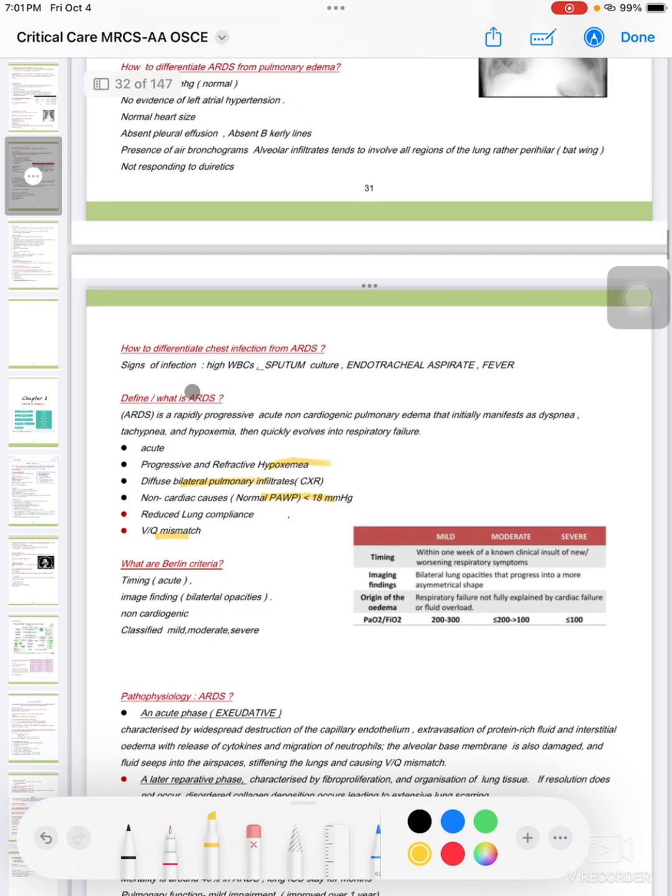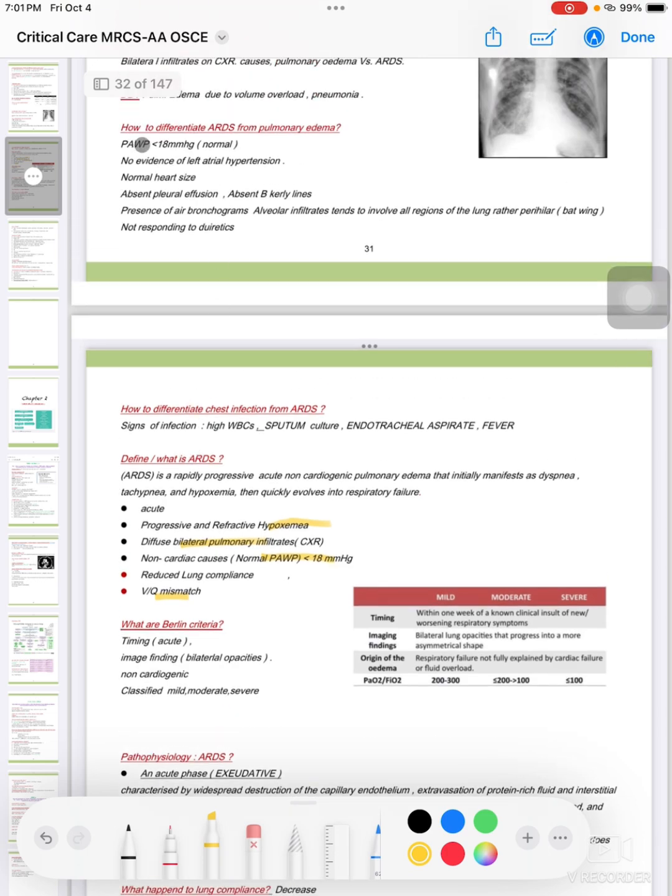Now, the next question is how to differentiate between acute respiratory distress and pulmonary edema. In case of acute respiratory distress, it is already known from the definition that the pulmonary arterial wedge pressure is less than 18, and there's no evidence of left atrial hypertension and heart size is normal.